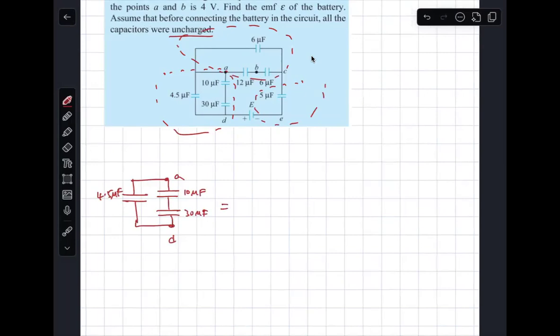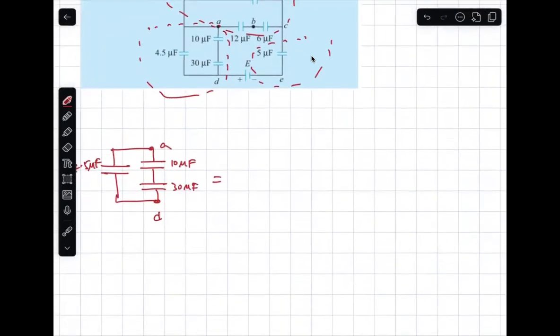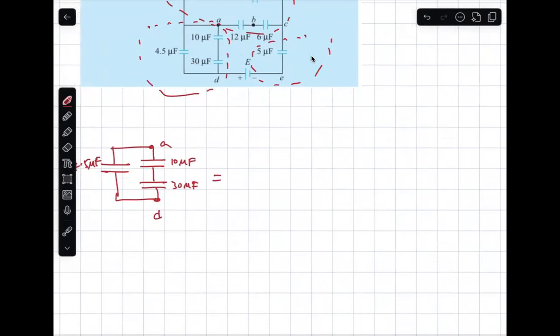What is this going to be equal to? 30 into 10 by 30 plus 10, that is 40, 30 by 4, 15 by 2, 7.5. 7.5 plus 4.5 is equal to, so across AD, it is 12 microfarad.